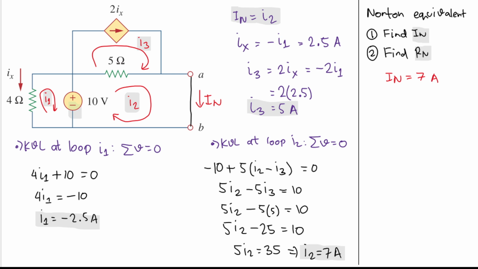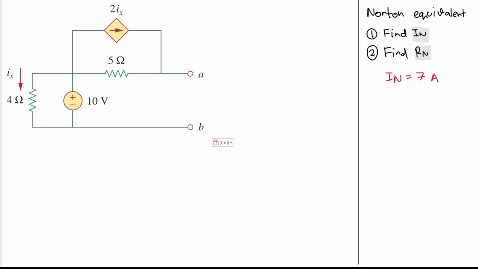Okay, let's clean up our slide and see what we can do here. So here, instead of finding RN directly, I find out the Thevenin voltage here. So we'll have VTH. Why do we need to find out VTH? Because RN is equal to RTH, right?